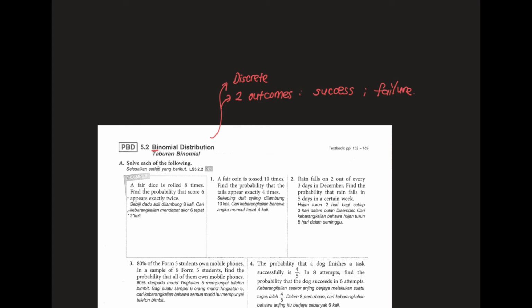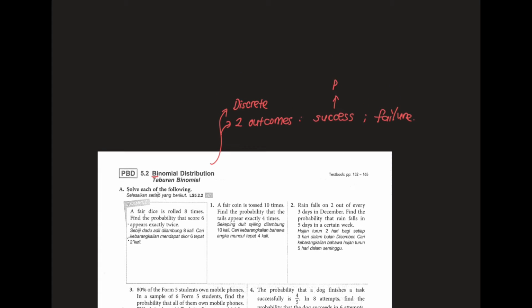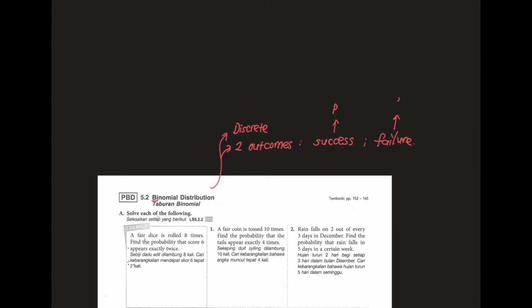The probability of success, we put as P. The probability of failure, we put as Q, where Q is 1 minus P. Let's say, for example, success is score 6 appears. What is the probability?